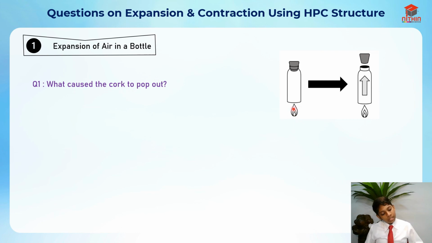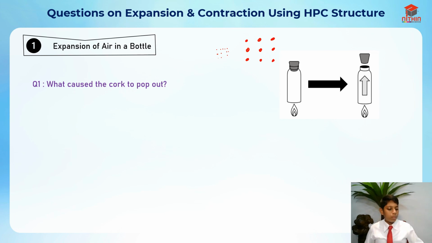Basically there's a heat source over here which is heating the bottle, and after some time, this cork actually popped out. Why? Expansion is basically when molecules expand. When they expand, they are actually the same volume, but they contain more space, so they are more far apart.